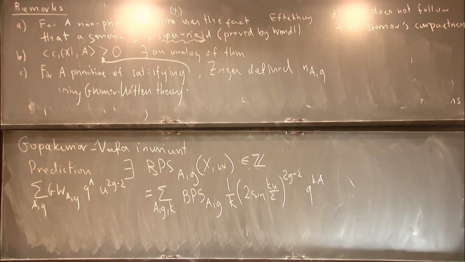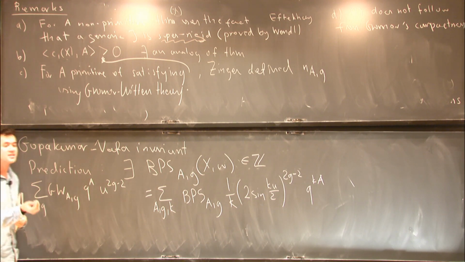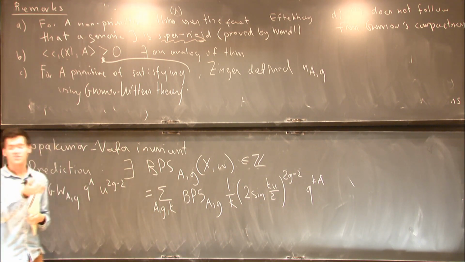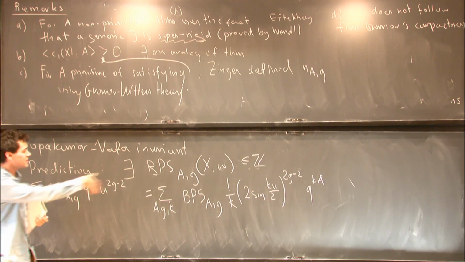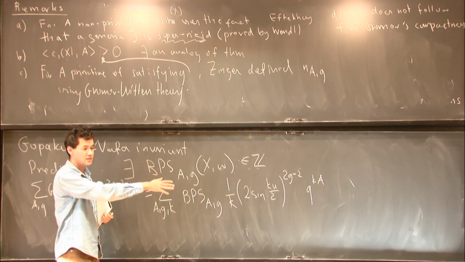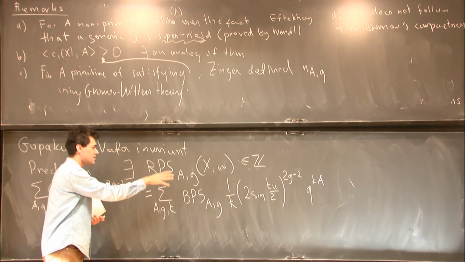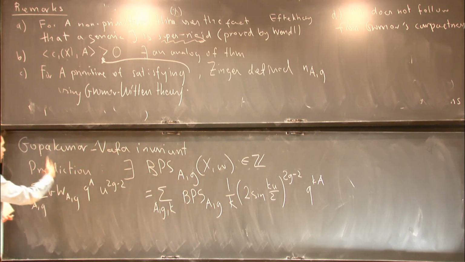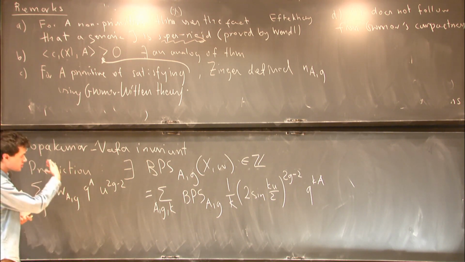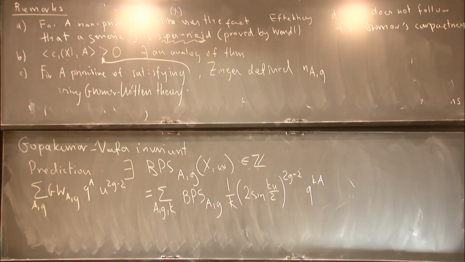So even if you imagine that you have a single primitive rational curve, for example, and all other BPS invariants are 0, if you believe that BPS counts some sort of embedded curves, then still that single invariant gives you a contribution to all higher genus and higher homology class Gromov-Witten invariants.